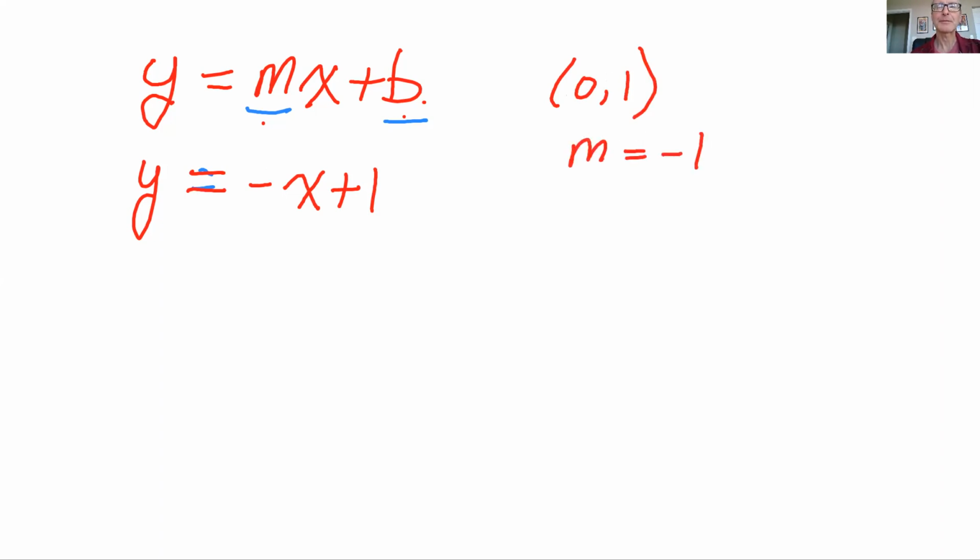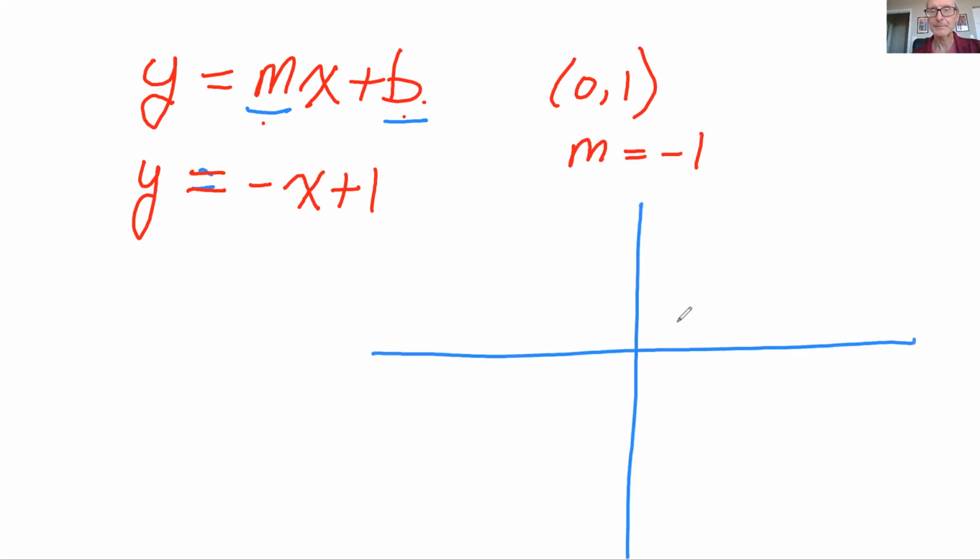So let's see how this is going to look. The way that would work again is we'd have 0, 1 again, let me do it in red. That would be our y-intercept.